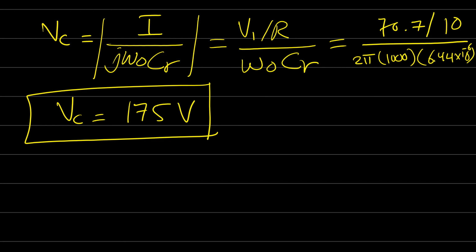Now look at the voltage here. This is when Q is 2.47. If we try to increase Q, you'll find that the voltage stress, or the voltage across the capacitor, is larger. And note this voltage, 175. This value is greater than the input and the output voltage.